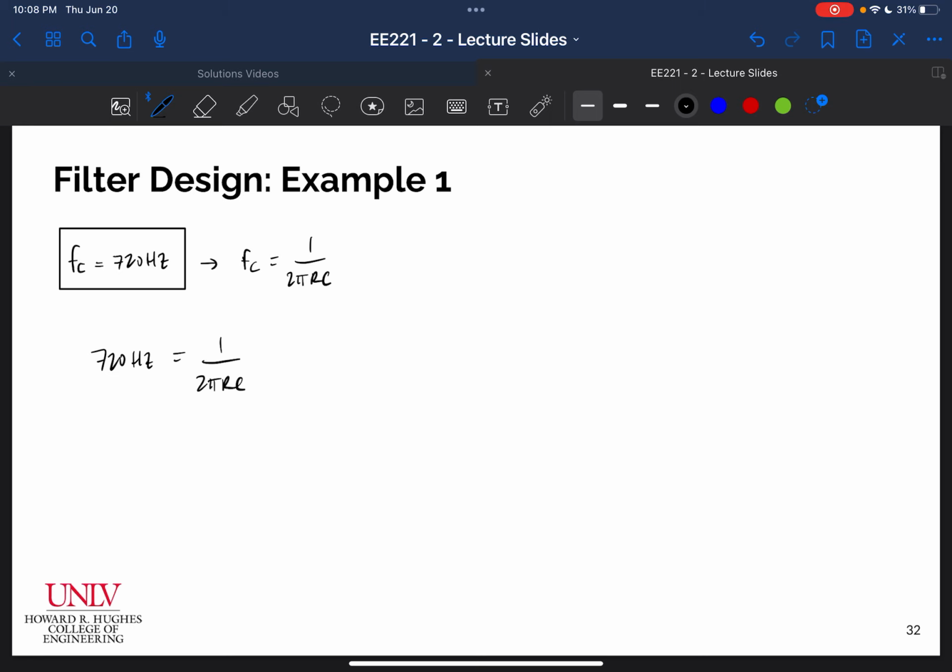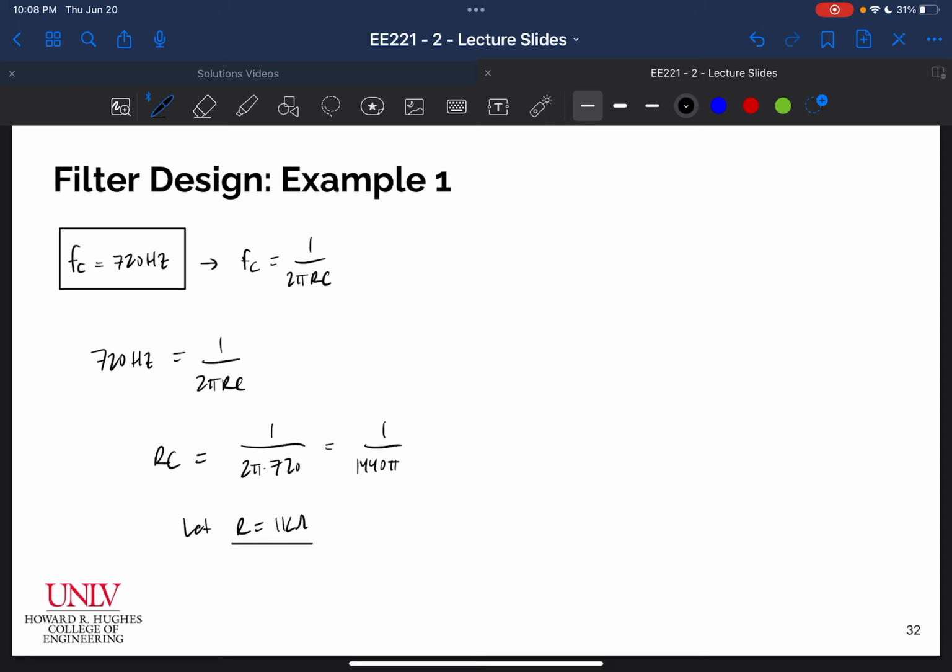And we're going to say RC is equal to 1 over 2 pi times 720, which is 1 over 1440 pi. Okay, and let's just pick one of our two values here. Let's just let R equal 1 kilo ohm. Now we have our R and we can just solve for C.